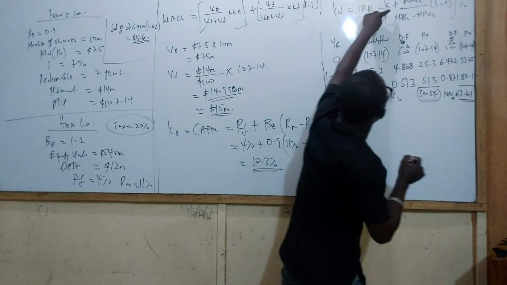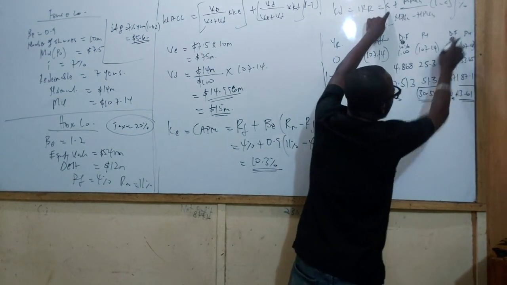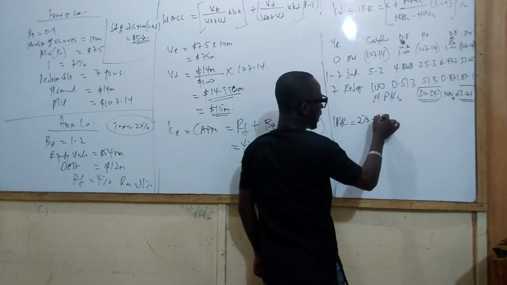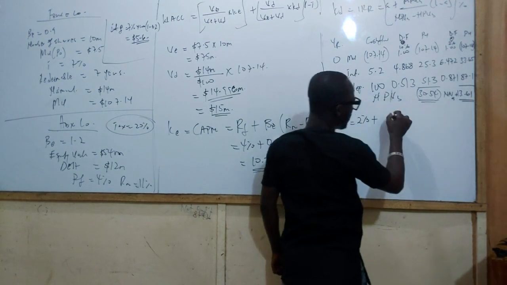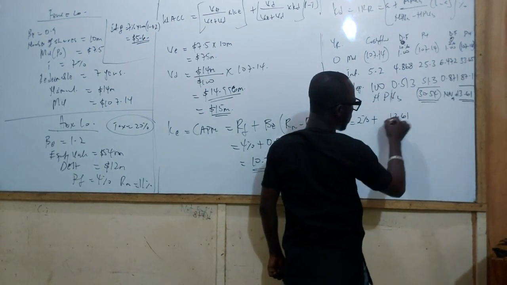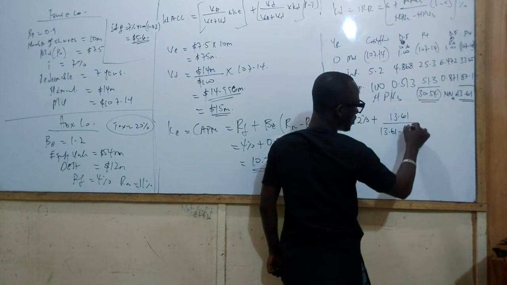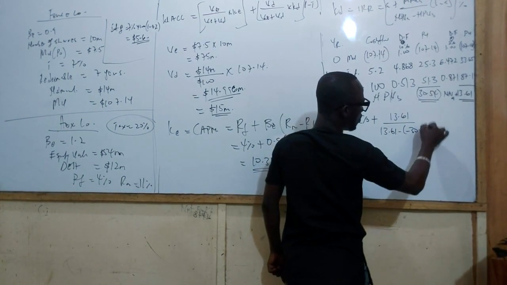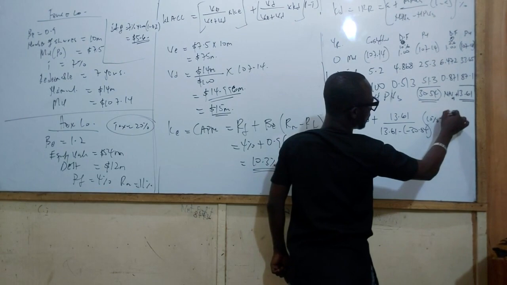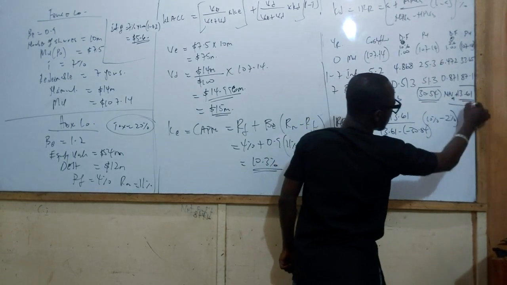So IRR equals the A rate, 2%, plus NPVA, 13.61 over 13.61 minus 30.54, times 10% minus 2%.